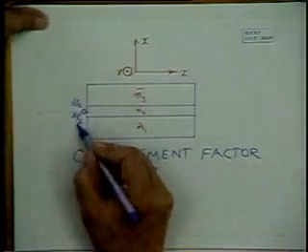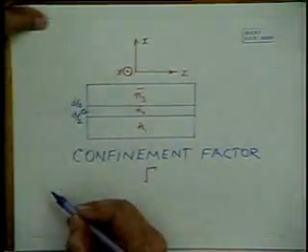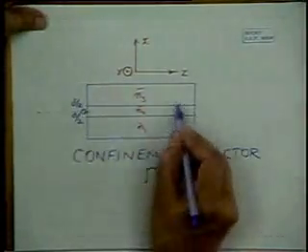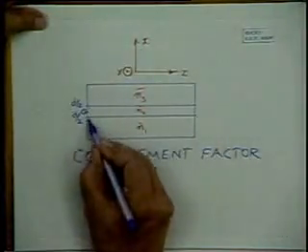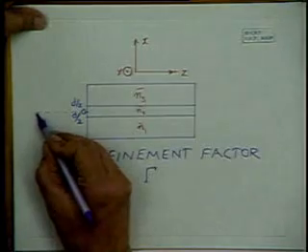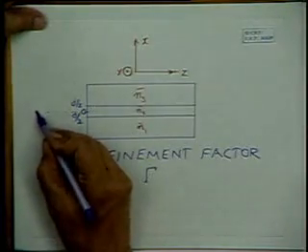And if D is comparable with the wavelength of light, we find that the total light intensity or the light energy is no longer confined within this active layer, but it spreads out, and the typical profile could be a Gaussian profile of this type.